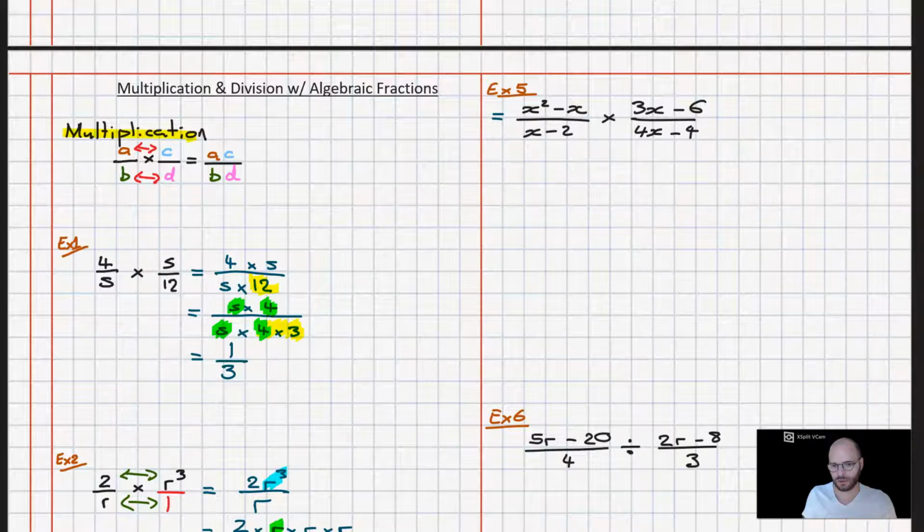So jumping into it, I'm going to try and factorize both of these fractions. Looking at the first fraction's numerator, we have x squared minus x. Can we factorize this? The answer is yes, we can. If we look at what's common between x squared and x, there's a common x.